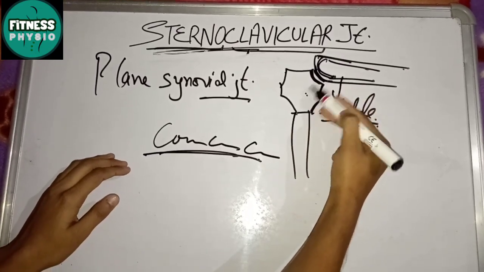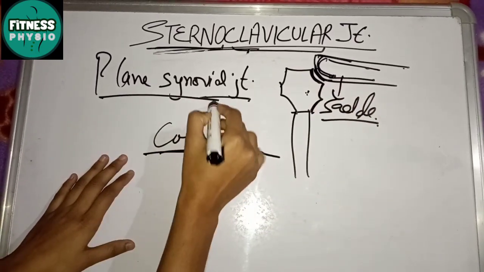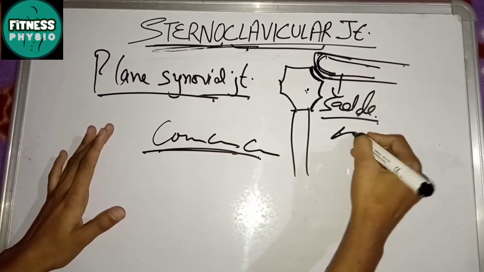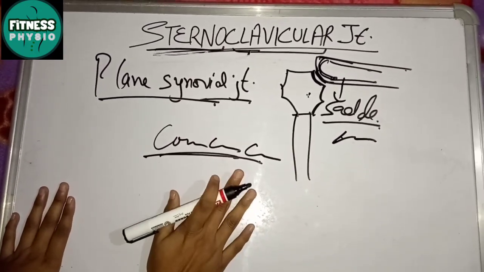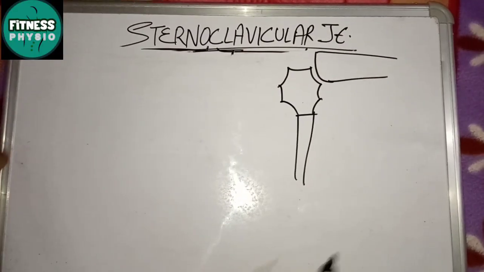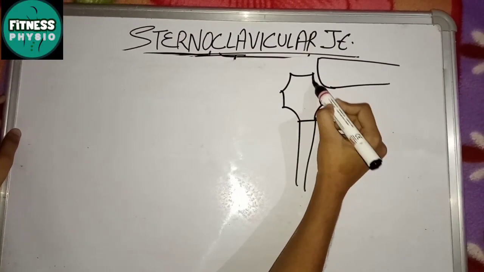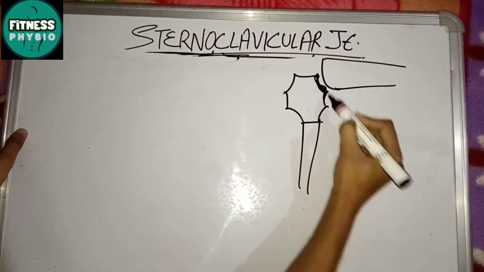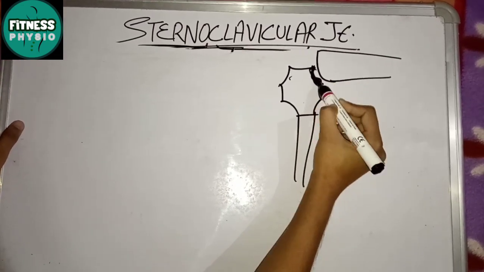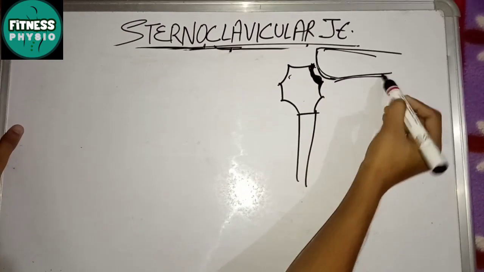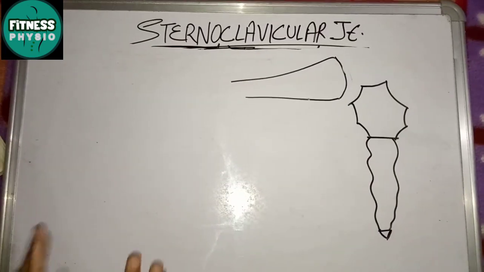So we consider it a plain synovial joint, not a saddle joint. I hope I am clear to all of you. And I forgot to mention one thing, this is the clavicular notch of your manubrium sterni, where the clavicle is articulating.